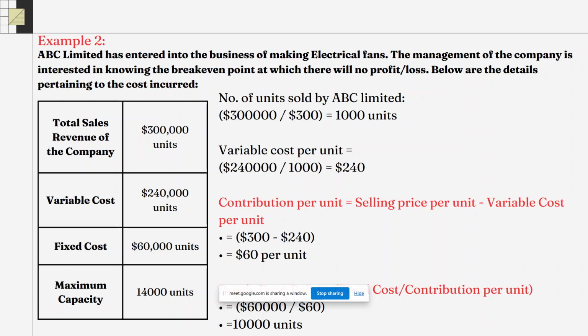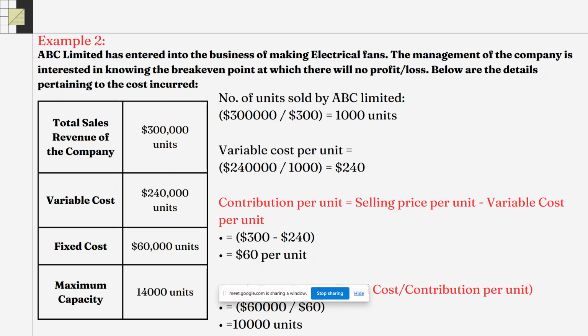So, paano natin makakuha yung number of units sold by ABC Limited is i-divide lang natin yung total sales revenue, which is the 300,000, divide natin siya sa selling price per unit, which is yung magkano niya binebenta ng isa yung kanyang electric fan, which is the 300. So, 300,000 divide 300 is equal to 1,000 units.